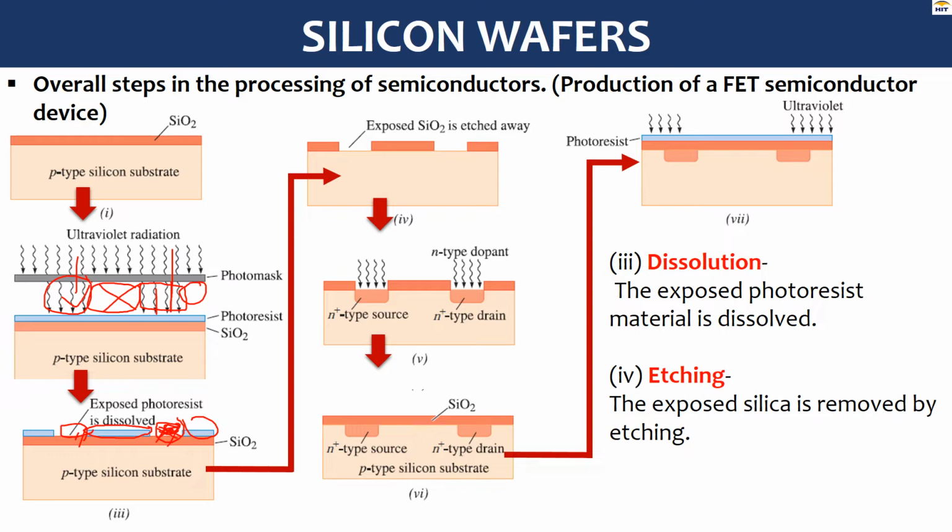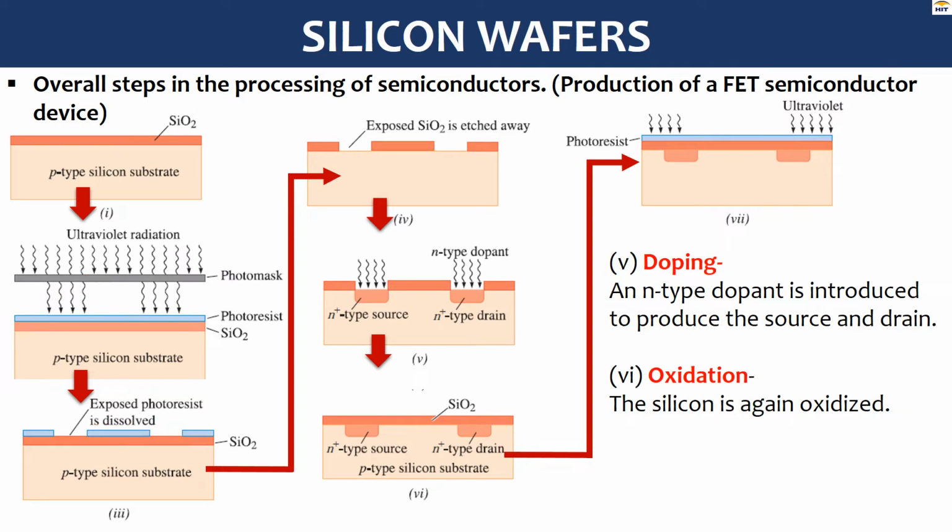Now, etching further removes this silicon that was exposed. So this is the process of etching. Etching now removes this silicon dioxide that was exposed, or to which the ultraviolet light had passed through. So it is actually etched.